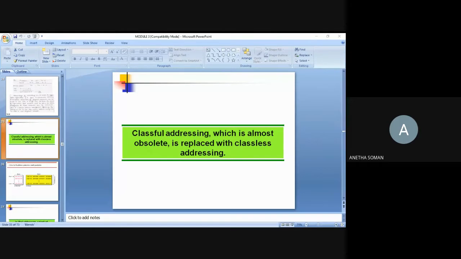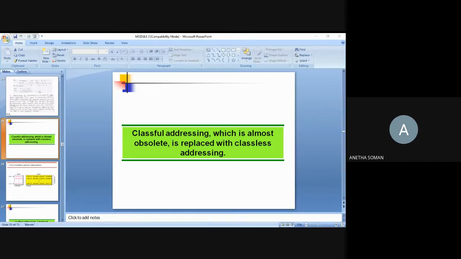You have class A, B, C, D, and E. And this IP address can be denoted in two ways: the binary notation and the dotted decimal notation. The total number of addresses possible in IPv4 is 2 power 32.